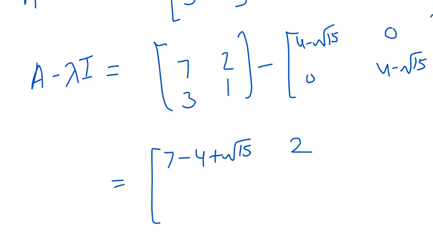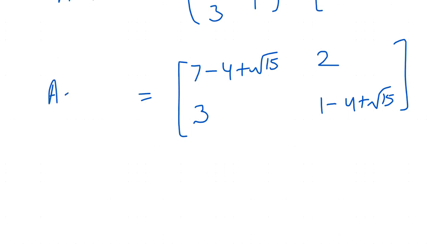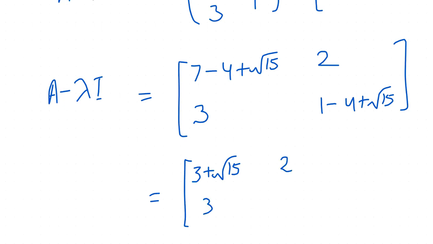And 1 minus 4 plus square root of 15. You got it? So A minus lambda I is: 3 plus square root of 15, 2, 3, and minus 3 plus square root of 15.